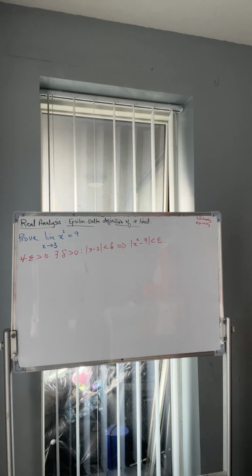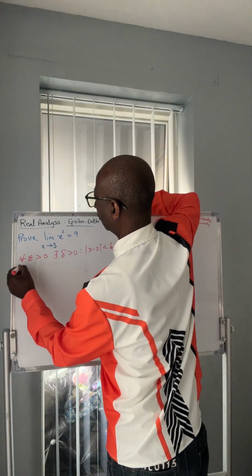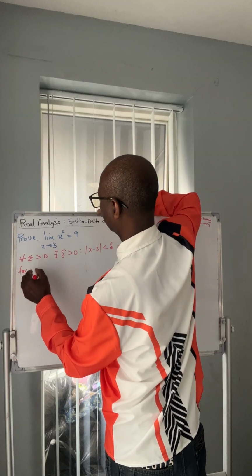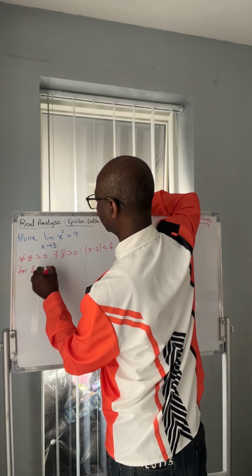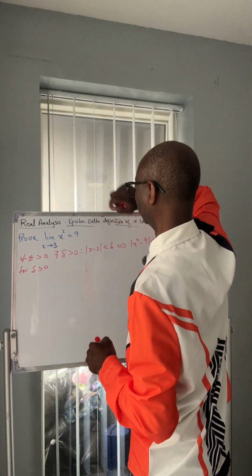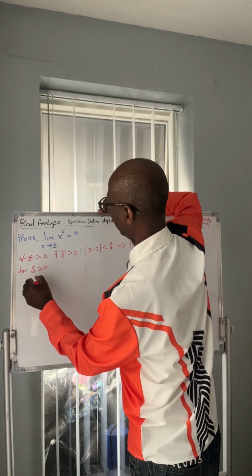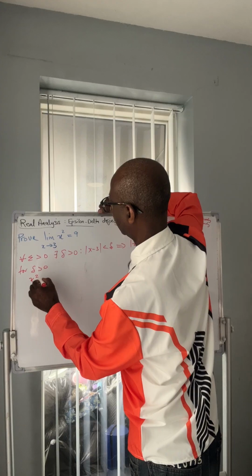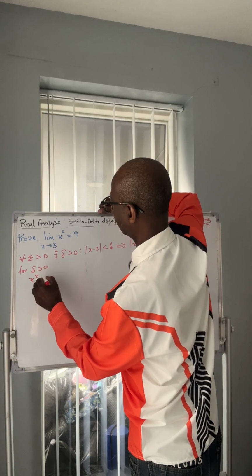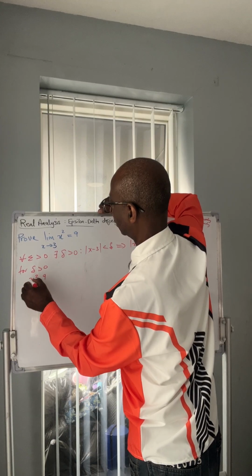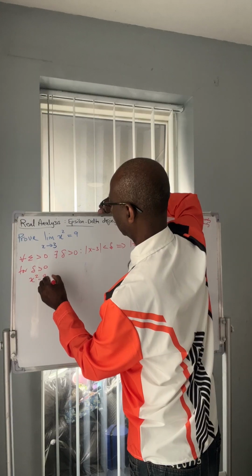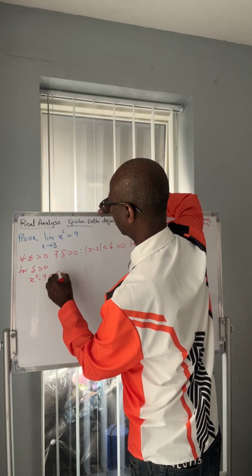So now, how do you go about it? You now know that for delta greater than 0, we have x squared minus 9 is less than epsilon.